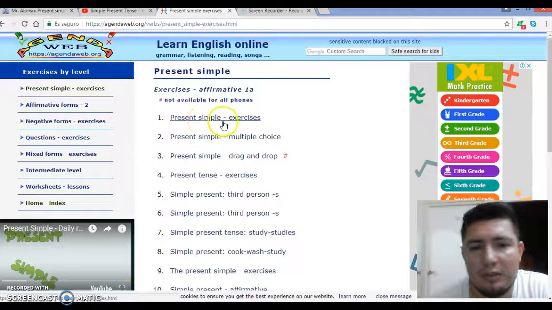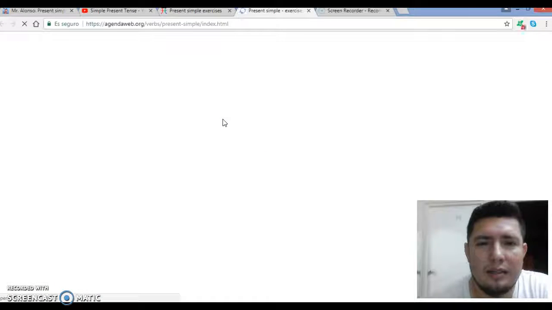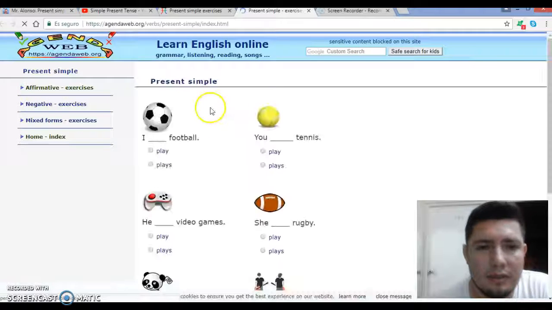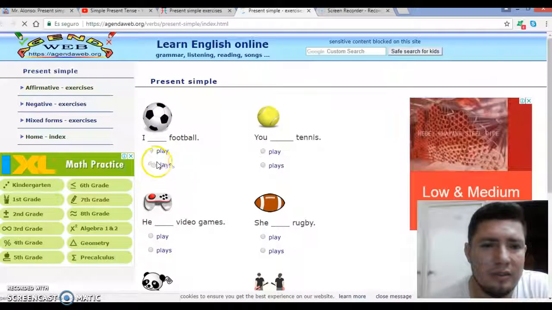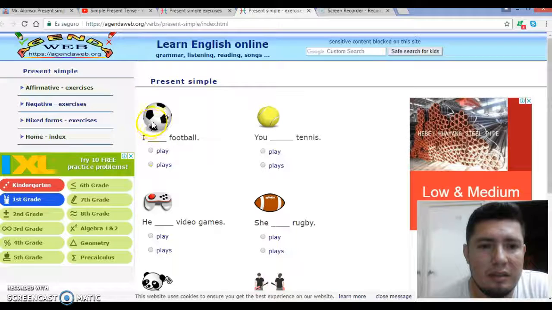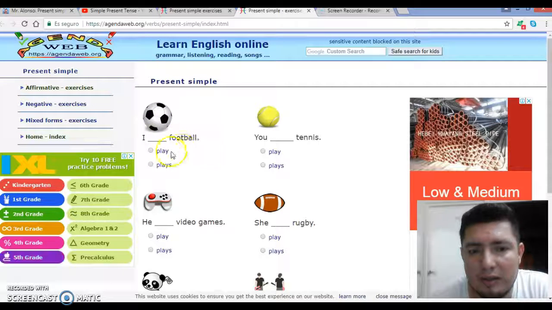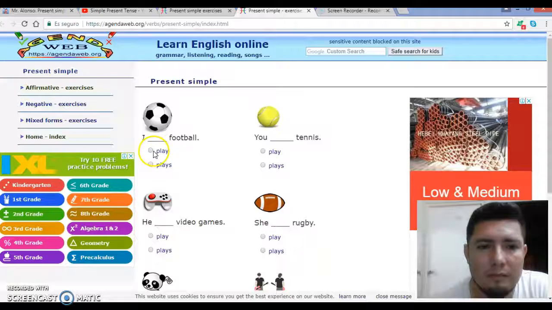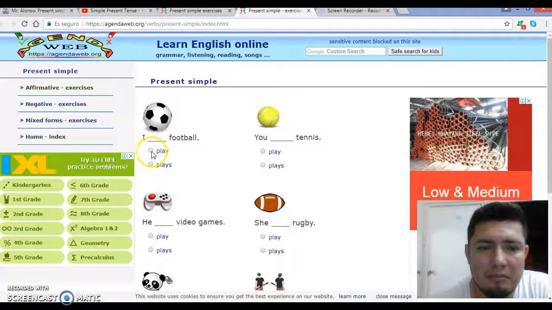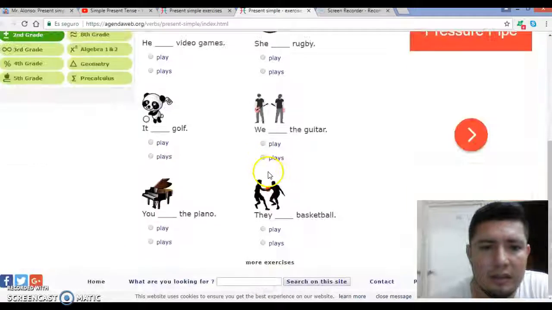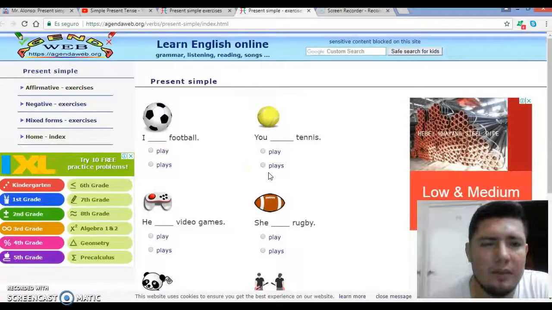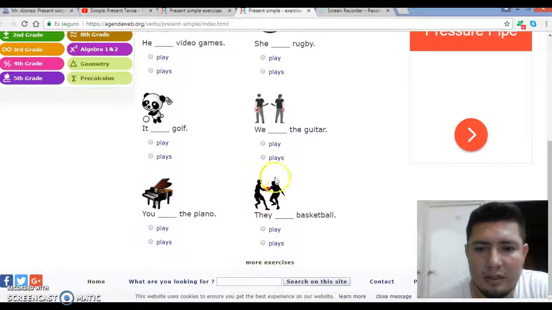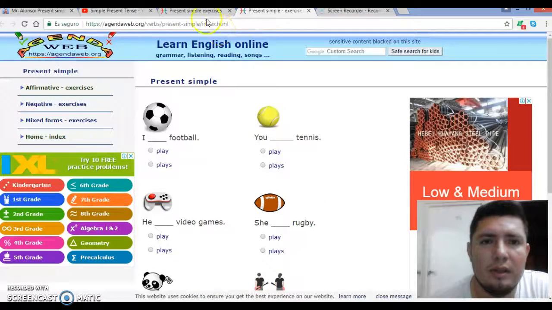So for example, let's click here and see what kind of exercise. Okay, so here the students are motivated with this exercise because they only need to select one of the correct answers that they think. And the page gives them the answers.